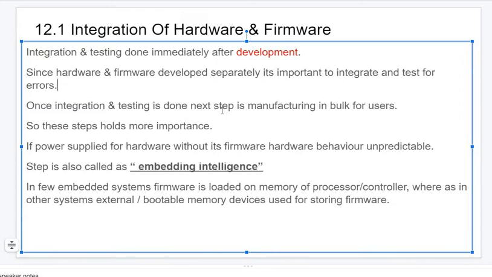Before that, instead of manufacturing 5 lakh handsets in one instance, they manufacture some 500 or 1000 handsets as prototypes. They give them to different users for testing, and those users use them and give their review or feedback. If the feedback is good, then bulk manufacturing is done.